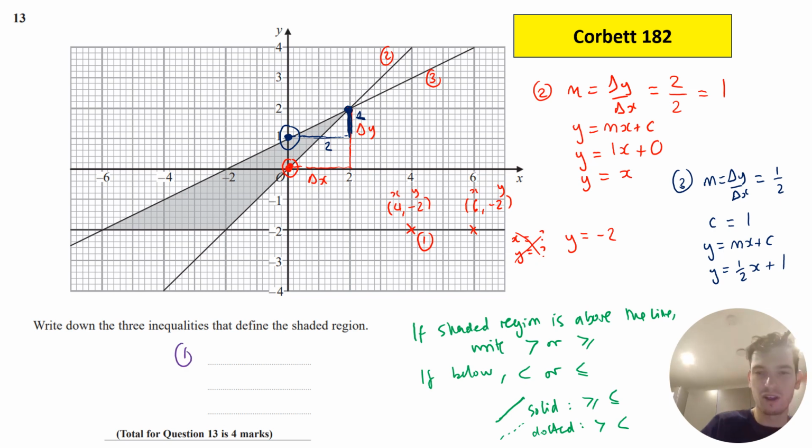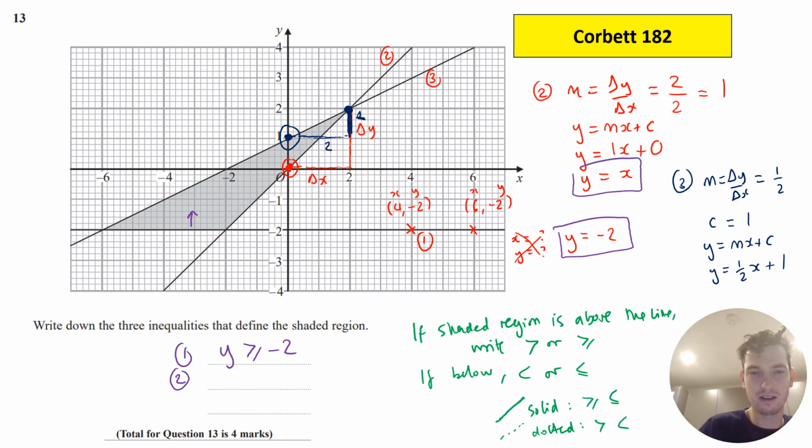So let's have a look first of all at equation 1. Now equation 1, what was that? We said that was y equals minus 2. And if you look at the shaded region, it is above that line. I can see that the shaded region is above that line, so I'm going to use greater than. So y is greater than or equal to minus 2. Equation 2, that was y equals x.